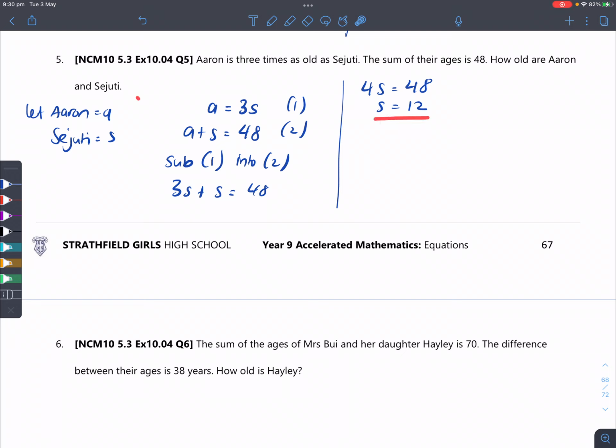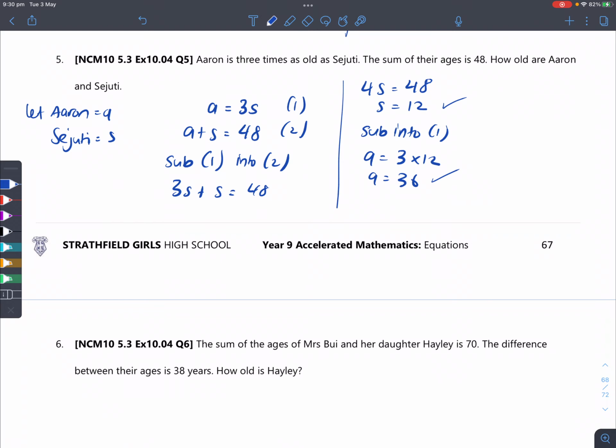So I found out Judy's age. I need to find out what Aaron's age is. So let's put that back into the first equation. So I'll go sub into equation 1. So A equals 3 times 12, which is 36 years old. Okay, so there you have it. You got those 2 ages, 12 years old and 36 years old.